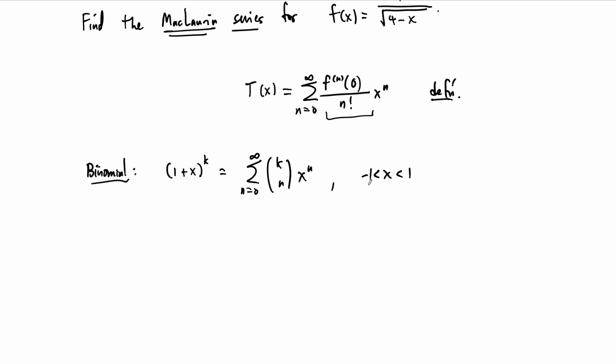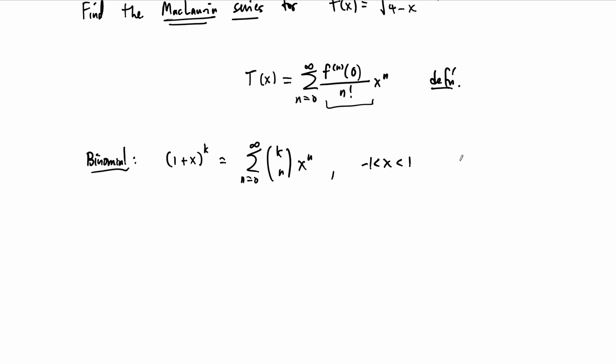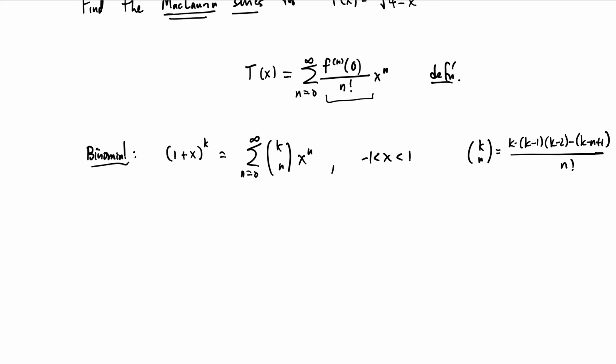You should work this out. You can show this. But the key thing here is that this binomial coefficient is equal to this product: k times k minus 1 times k minus 2 all the way down to k minus n plus 1, over n factorial.